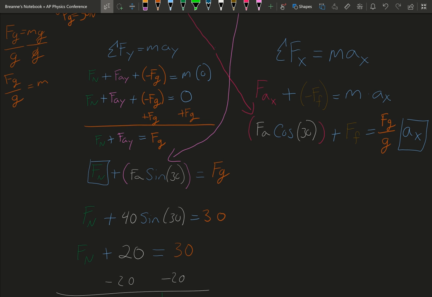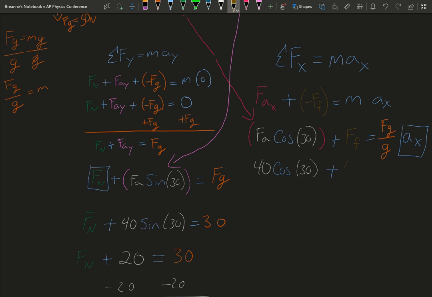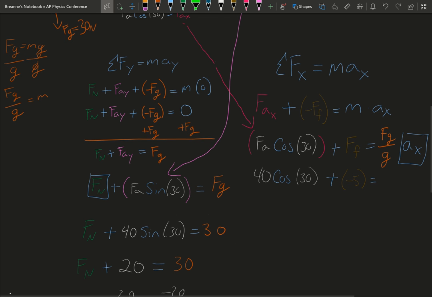We can do that again, just solve for our acceleration. So our force applied is 40 cosine of 30 plus our negative friction, which is -5, equals our force of gravity, which is -30 divided by, and we're just going to make g 10, we're rounding.